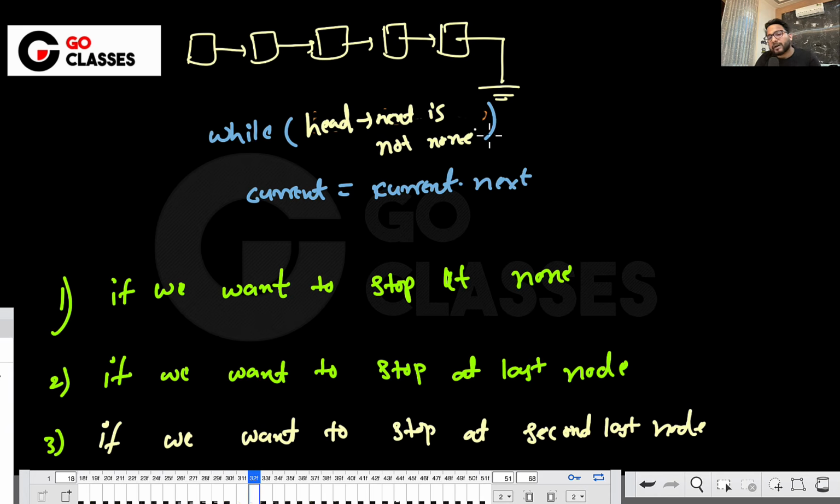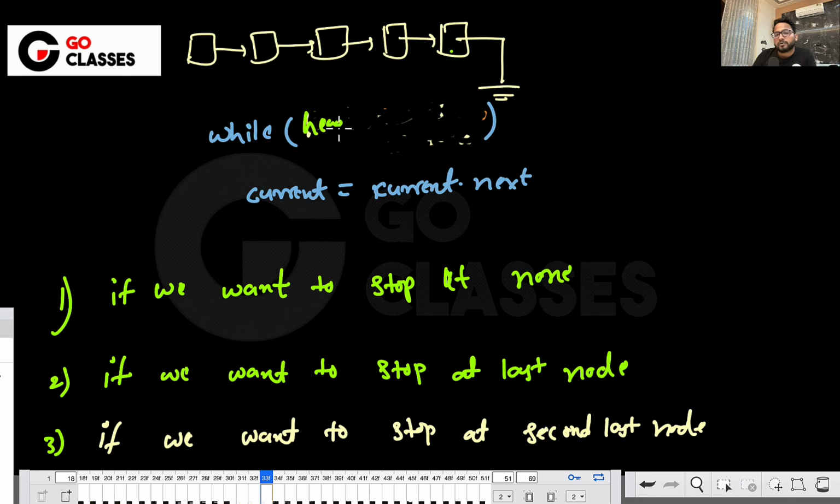It is a bit counterintuitive, I understand, but hopefully it will be very easy as we move along. Just remember whatever you want. In the third scenario, you want to stop at the second last node. Now you should answer me: in terms of Python programming, what do you want? You want head to stop here, so head dot next dot next you want none, right?